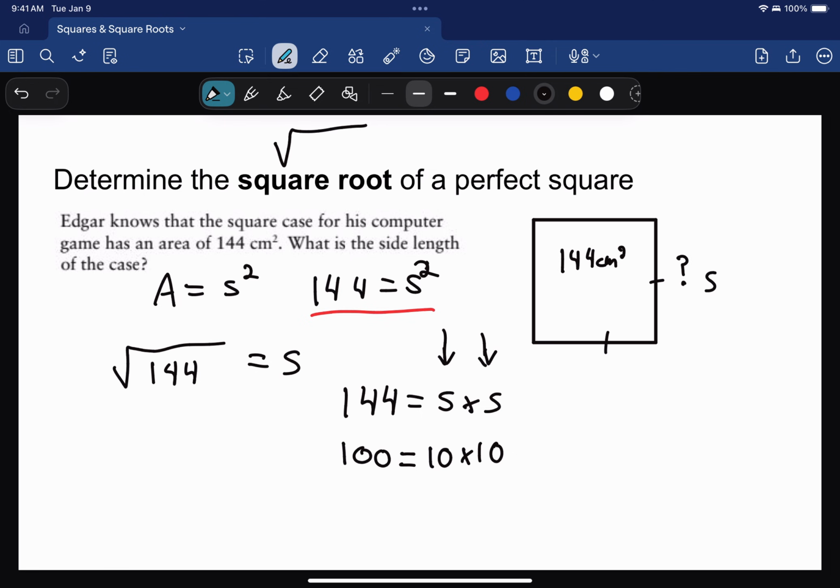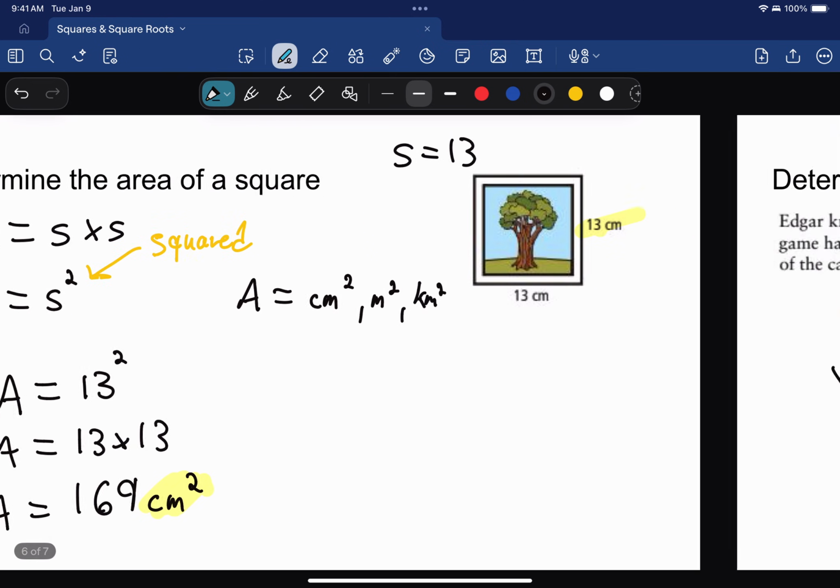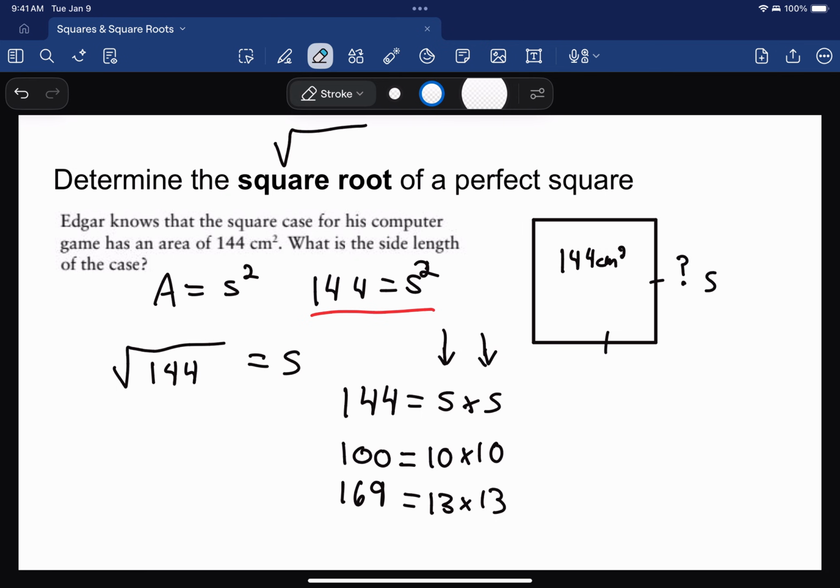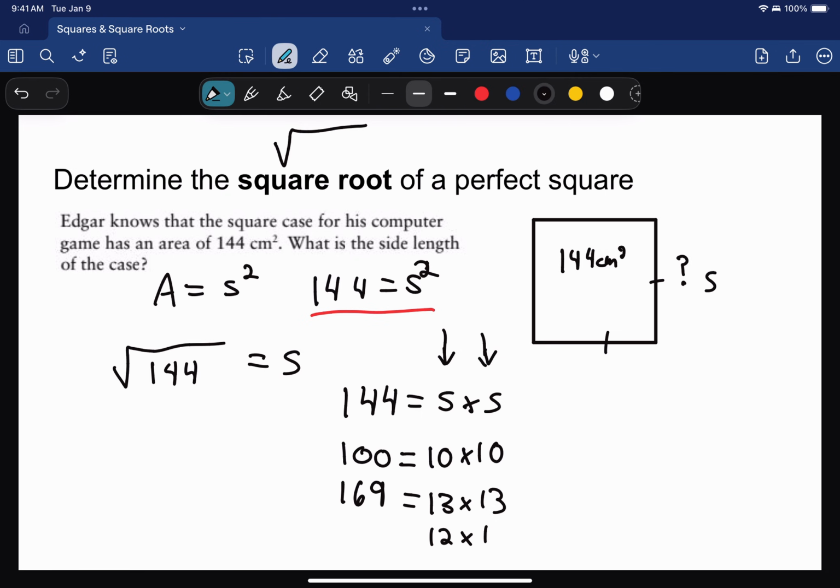So let's plug in another one. What if we try, I don't know, why don't we try 13? We just did 13 on the last question. So 13 times 13, remember that over here? 13 times 13 is 169. So now we're too high. That's above 144, right? Okay, so what if we tried 12? 12 times 12 is, what do you know? 144.